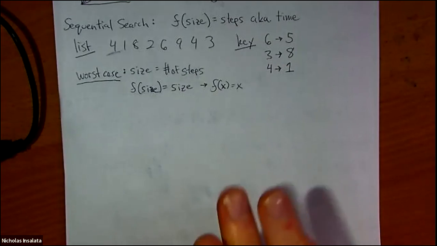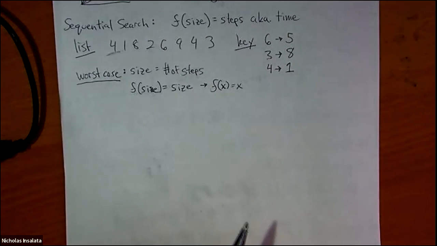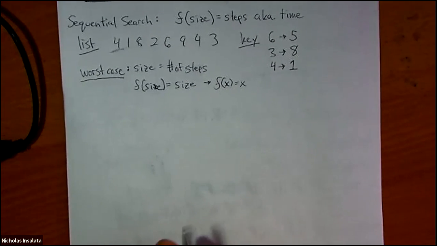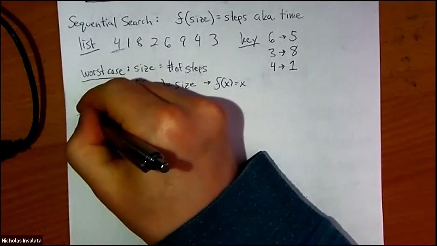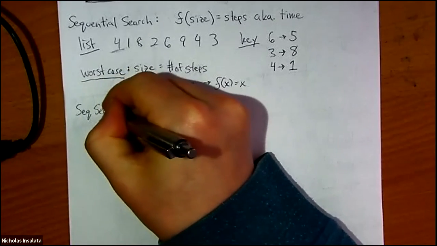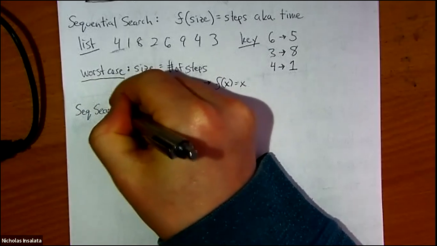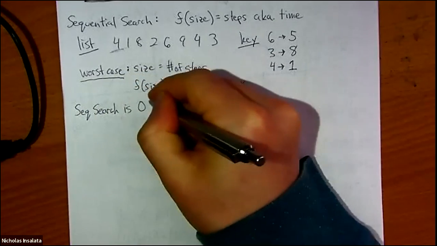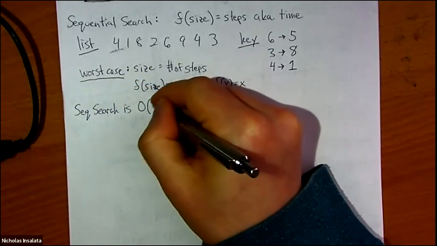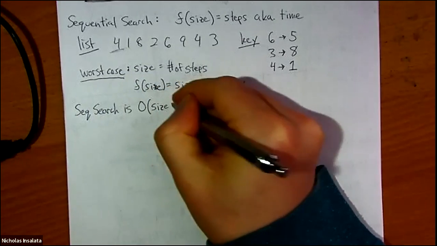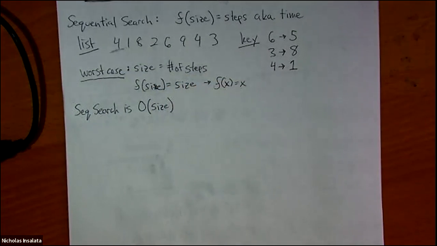So the way that we would describe sequential search is we would say, well, sequential search is big O of the size of the list, right?